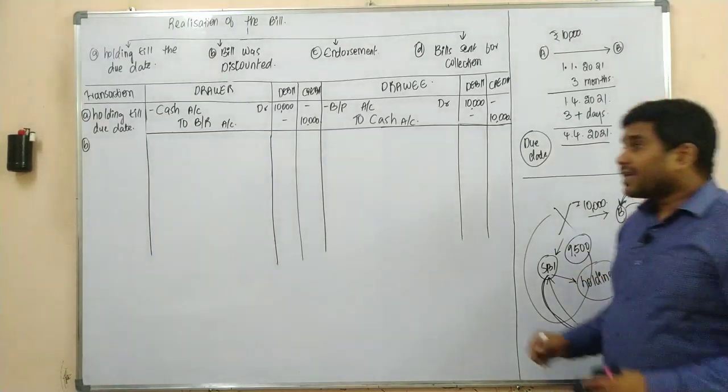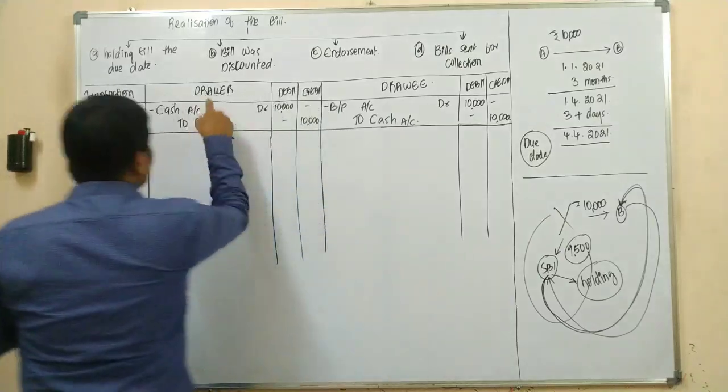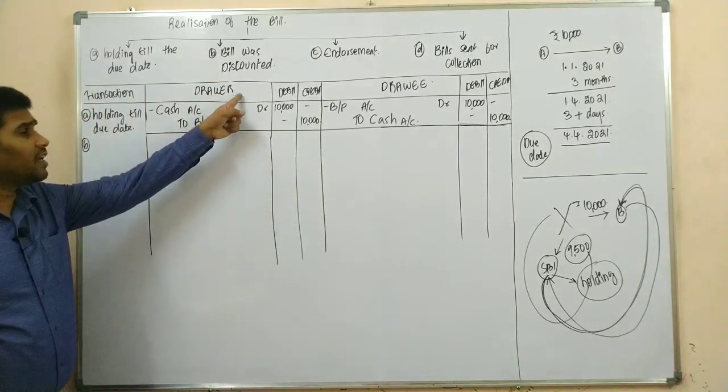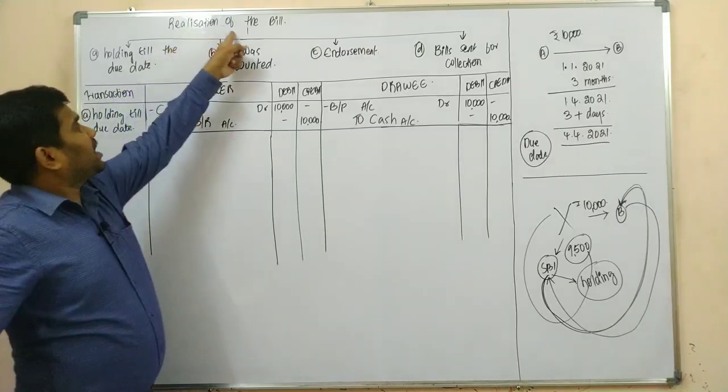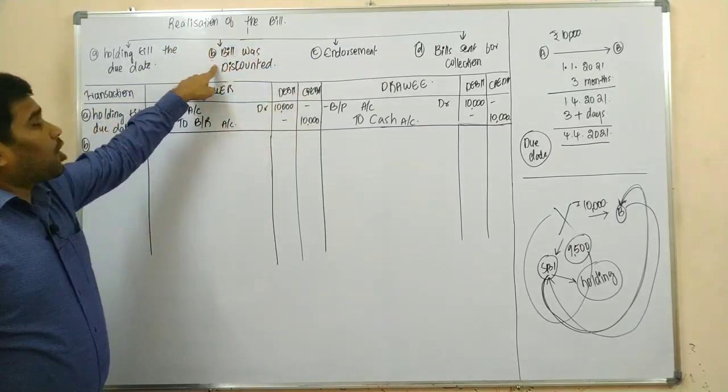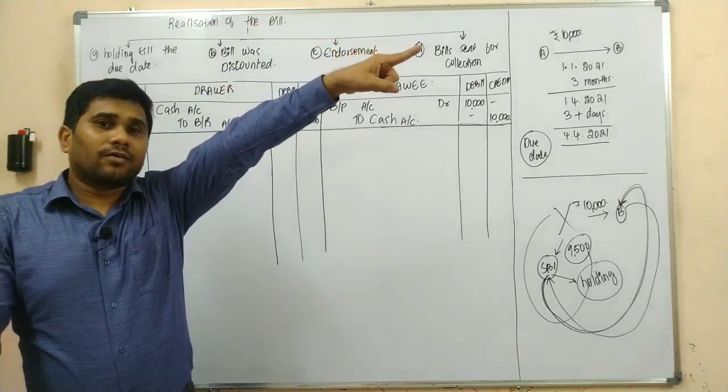Yes or no? So what is the journal entry in the books of drawer upon realization of a bill which was already discounted with the banker? What is the journal entry, sir?